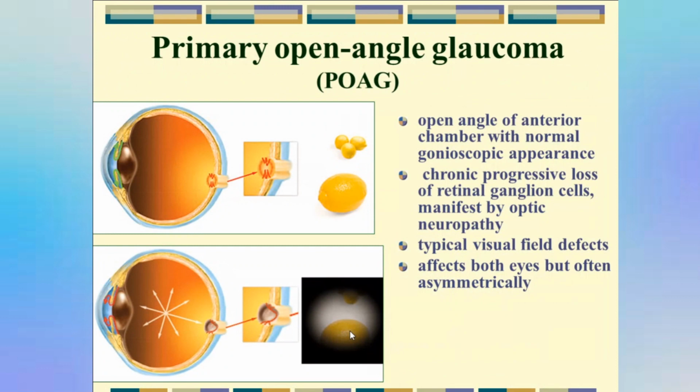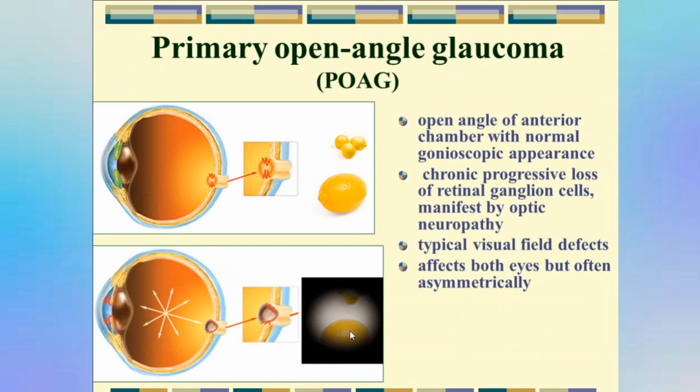Okay, let's speak about primary open-angle glaucoma. I have already mentioned that nearly 80% of the patients with glaucoma have primary open-angle glaucoma.